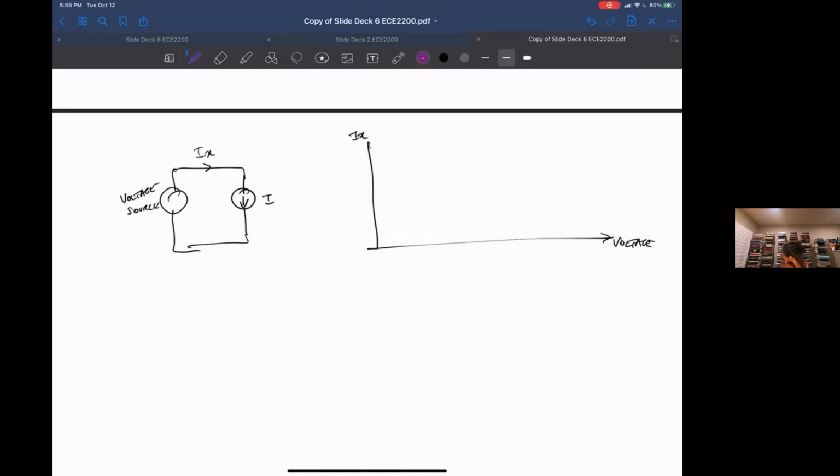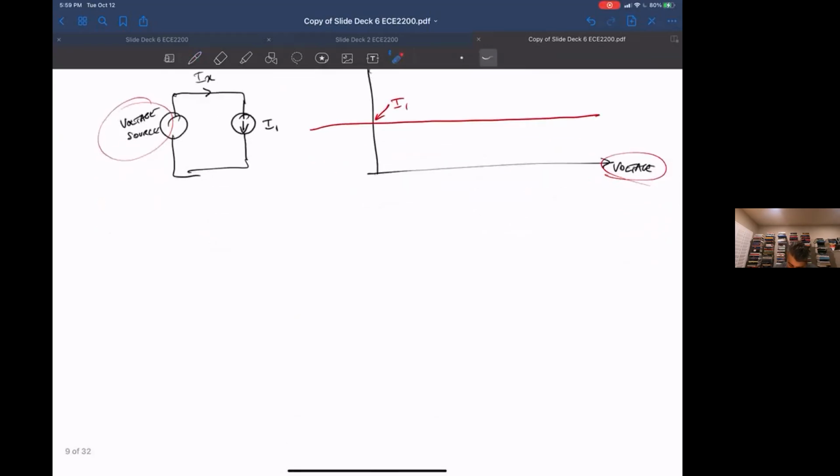The current source has the property that no matter what the voltage does across its two terminals, it'll have a constant current. So let's say this had a constant current of I1. No matter what this voltage does, it can go up and down, whatever it wants to do, the current will always be I sub 1. It doesn't care what the voltage is across it, it's always outputting the same current. That's the definition of a current source.